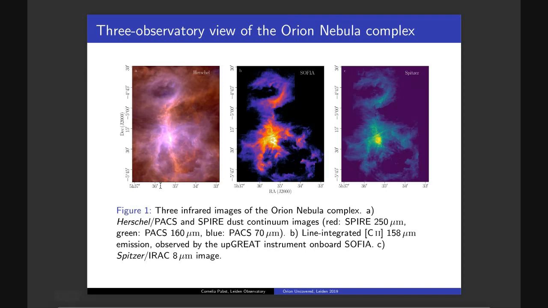You can see that the longer wavelengths tend to trace the more filamentary structure, the integral shaped filament, while the other two basically show a circular structure here and here. This is what you can also see in the other two images, the SOFIA C+ data in the middle, and the 8 micron image from Spitzer on the right. These two actually show a very good correlation.